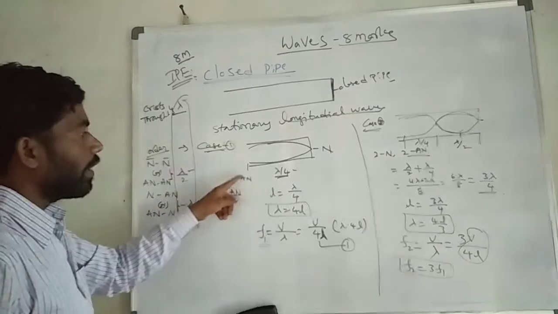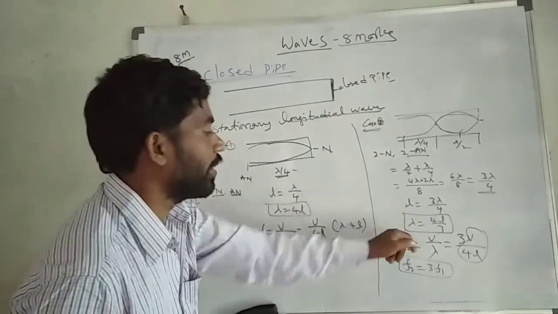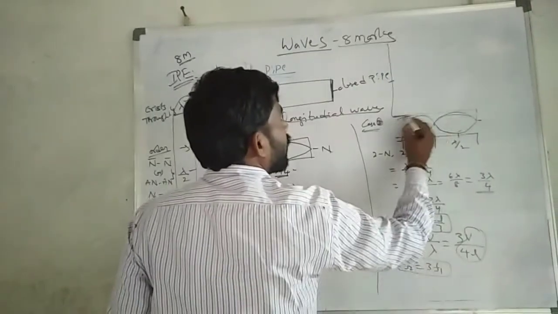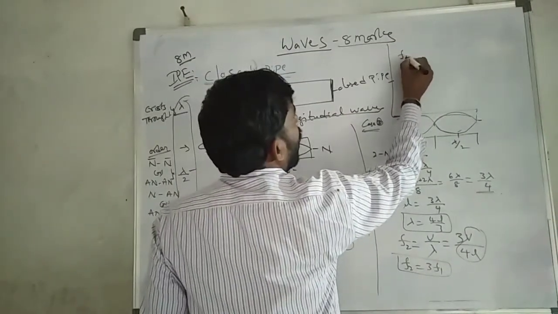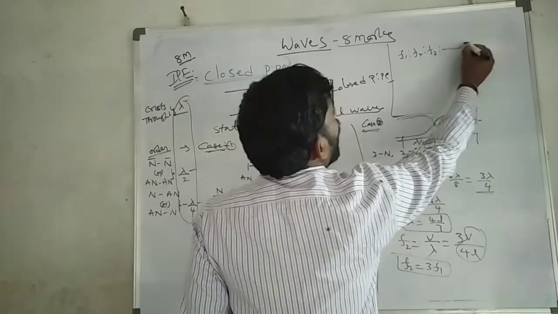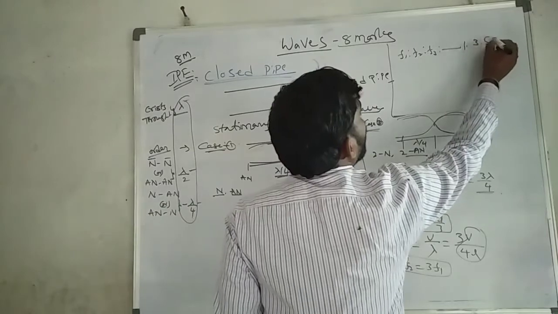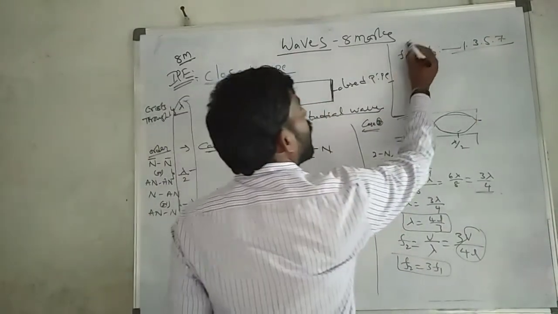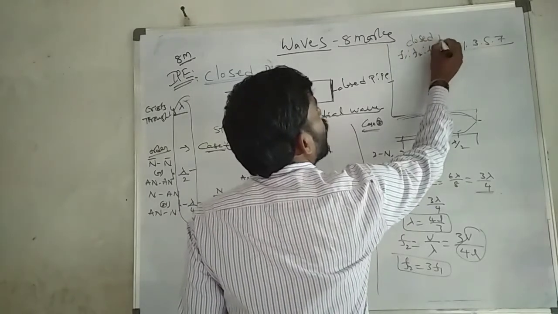Please remember that, and the wavelength. So the conclusion is F1 : F2 : F3 equals 1 : 3 : 5 : 7 in the closed pipe.